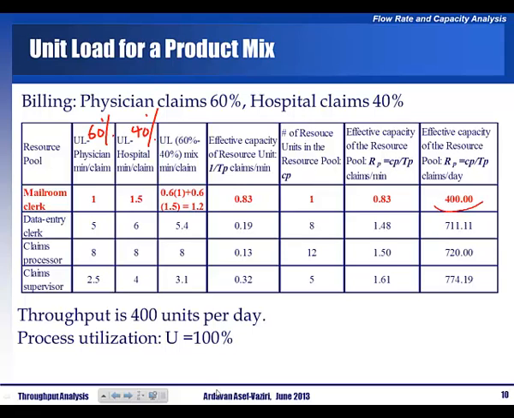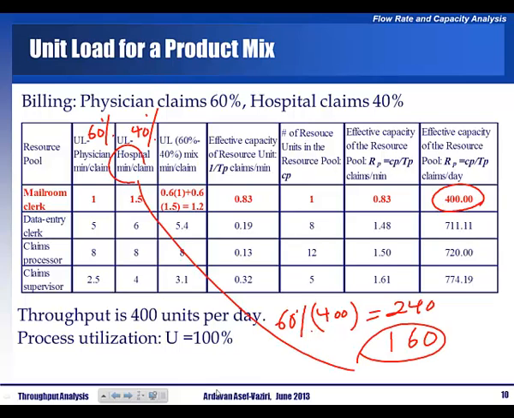This 400 units is 60% physician claim, which is 60% times 400, and that is 240 per day, and 160 hospital claim. So my capability is 400 aggregate products, which is 240 physician claims and 160 hospital claims.